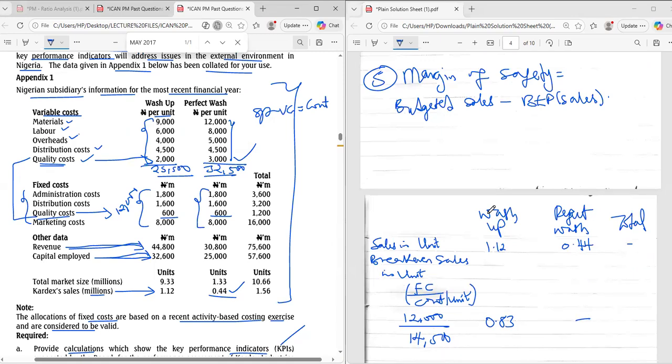Sir, please, can you help us throw more light on quality cost? What are the compositions of quality costs compared to variable costs? We know that variable costs comprise material, labor, machine, all those things. What are the compositions of quality costs? After I have told you to check your PM material, you see quality costs there. Should I still throw more light?